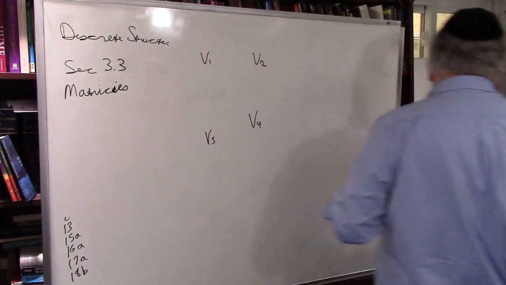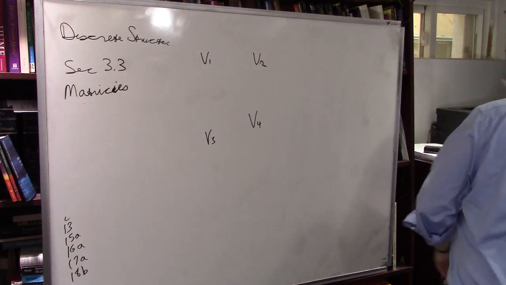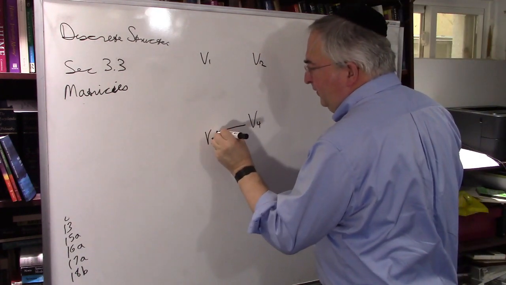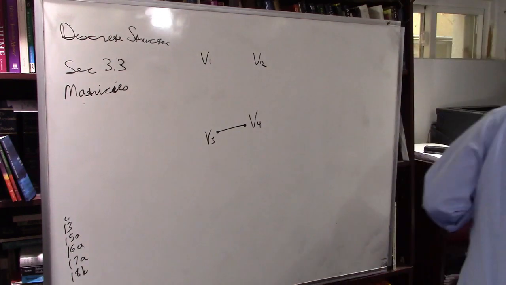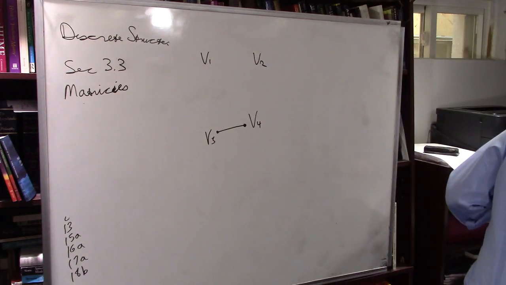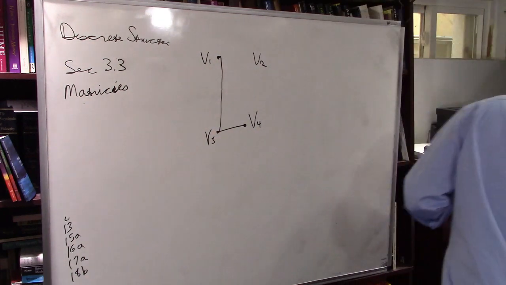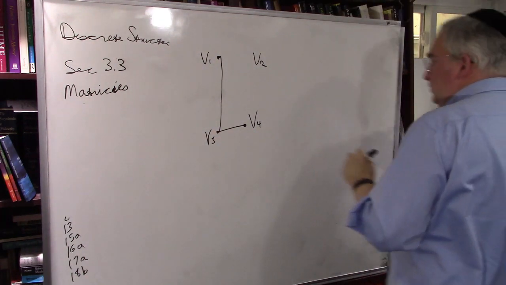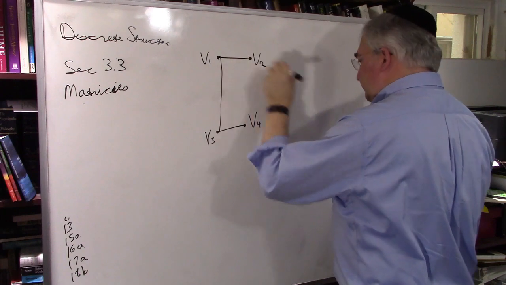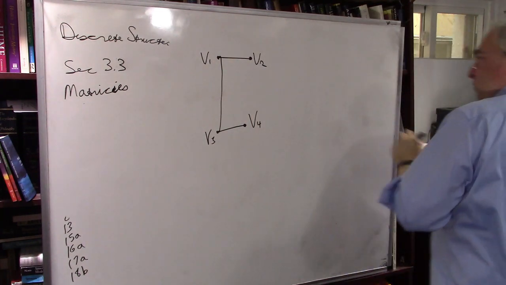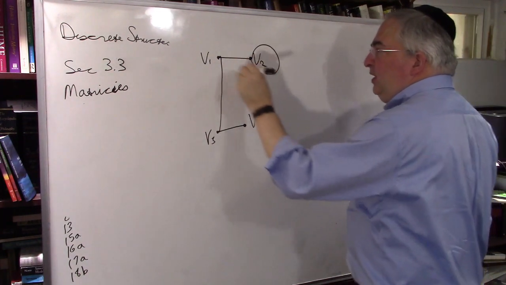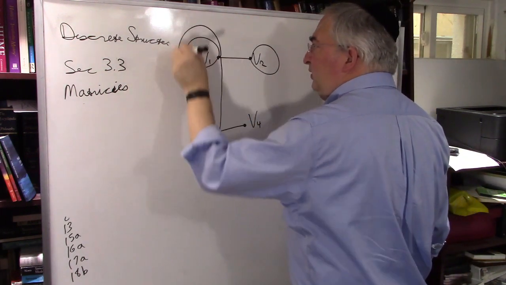Let's copy over what it says in the book. From 3 to 4, there's a dot. From V1 to V3, there's a dot. From 1 to 2, there's a dot. This has a circle around it. This has 2 circles around it.